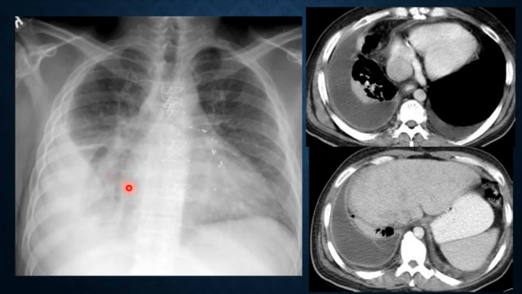When you see pleural effusion there is a meniscus sign, the sign where the effusion silhouettes the heart and the diaphragm. Here the pleural effusion is not forming a typical meniscus. It is more encapsulated, loculated.